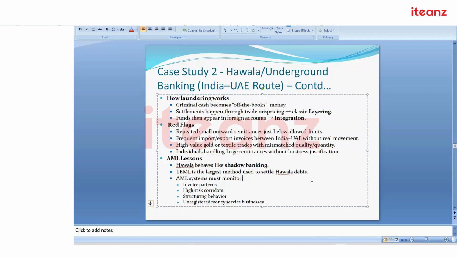It doesn't matter whether it is cash or something else. What I'm trying to say is that these big people who have a lot of money, who are doing tax evasion, who have a lot of black money, will be engaged in these activities. They will not come into the picture of the government, but they will do all these illegal things.